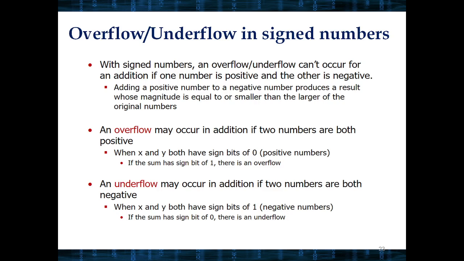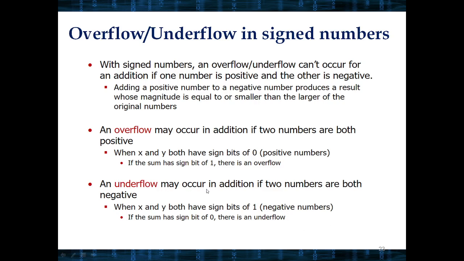When x and y both have sign bits of 0, that means they are positive numbers. If the sum has a sign bit of 1, there is an overflow. If both the operands are positive numbers and the result after the addition operation is a negative number, then that is an overflow condition.